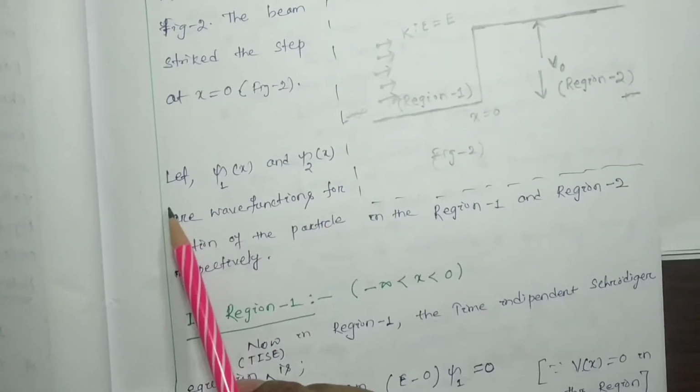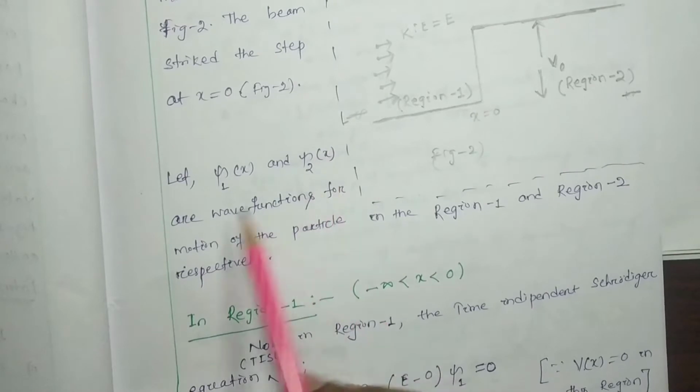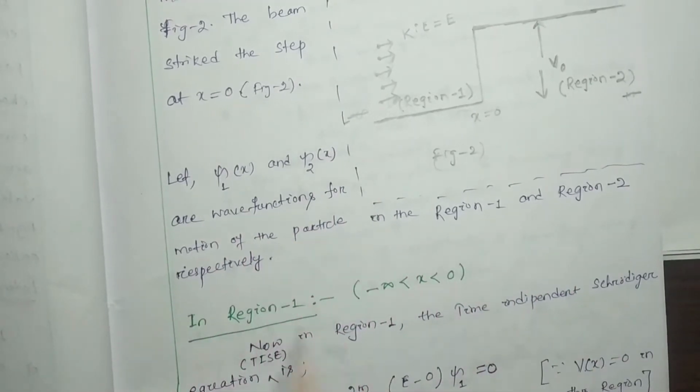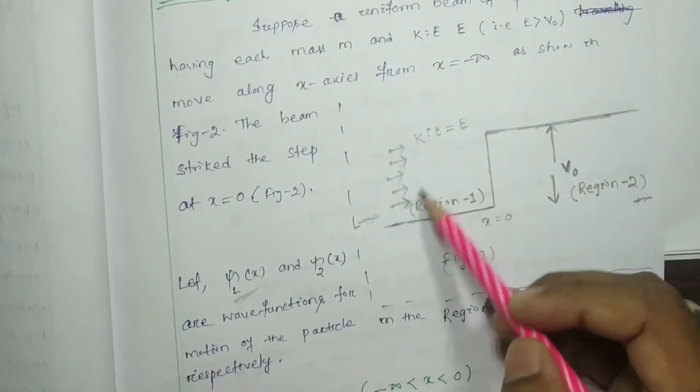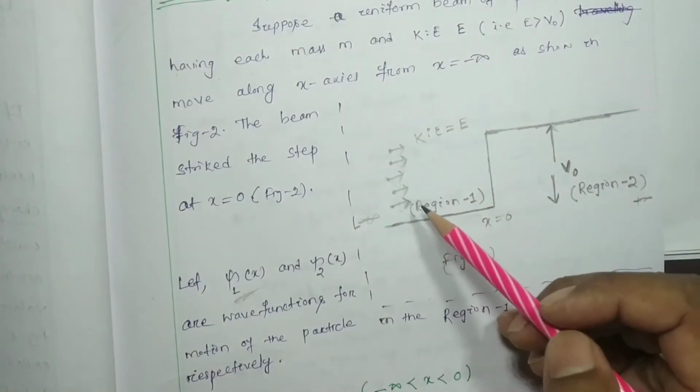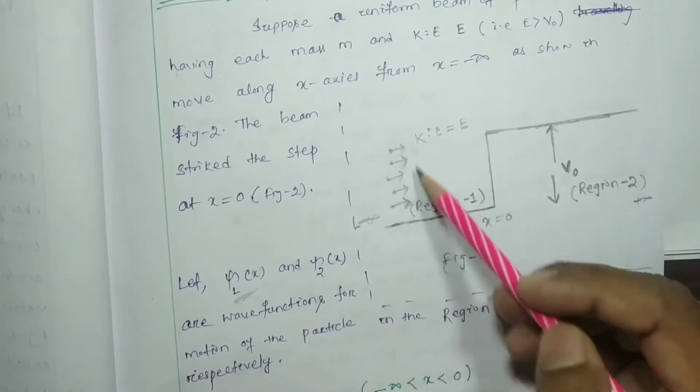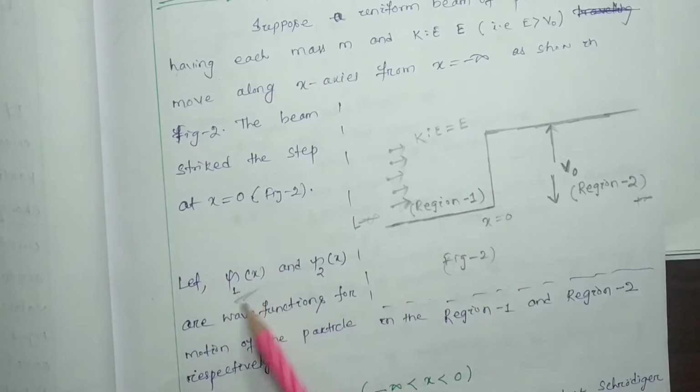Let psi 1(x) and psi 2(x) be the wave functions for the motion of the particle in region 1 and region 2 respectively. As we know, a particle can be represented by a wave function in quantum mechanics, so the flux of particles can also be represented by a wave function.